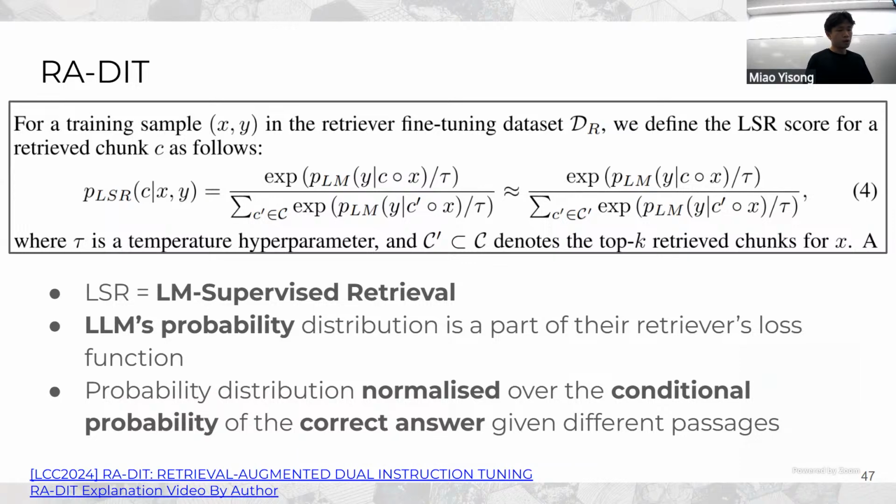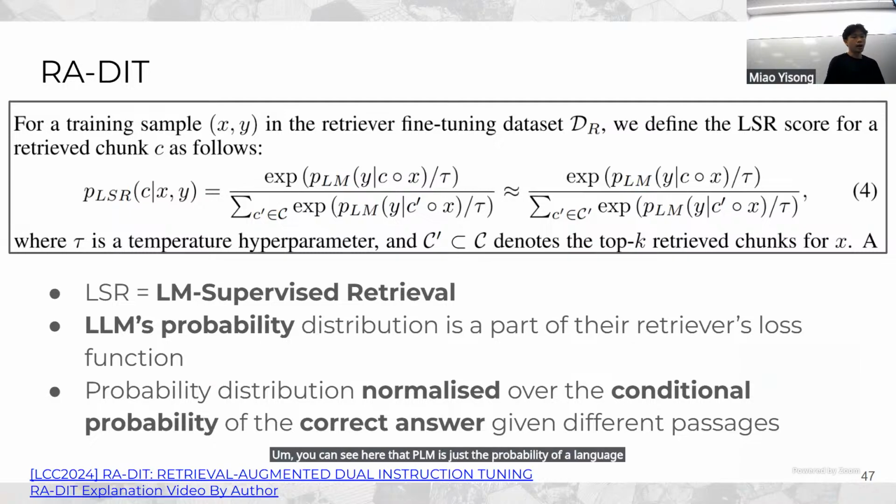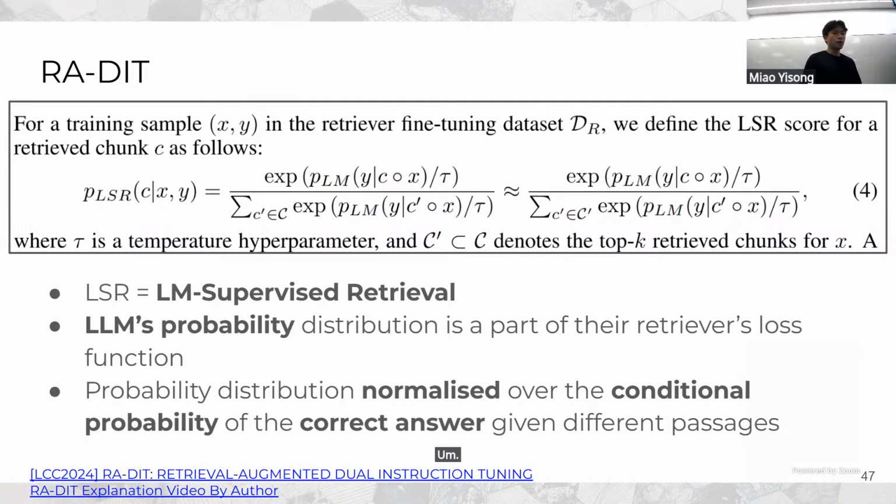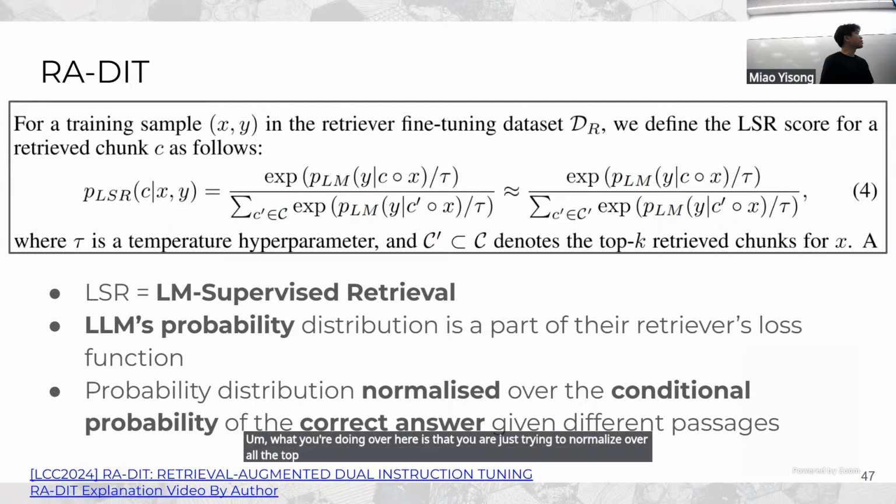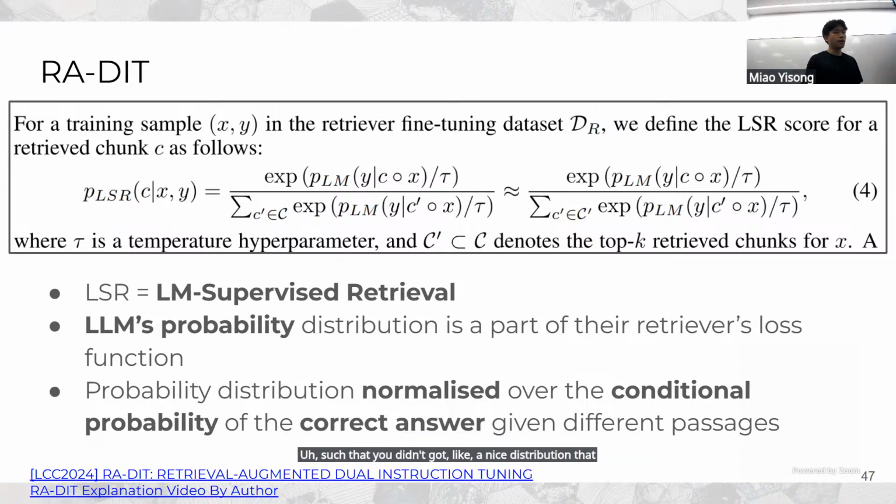You can see here that PLM is just the probability of a language model outputting the ground truth table given your context chunk and your query. What you're doing here is normalizing over all the top tier context chunks, such that you get a nice distribution that integrates to one.